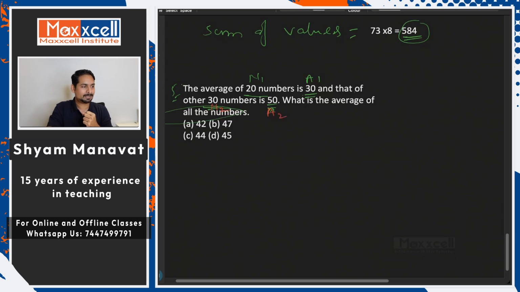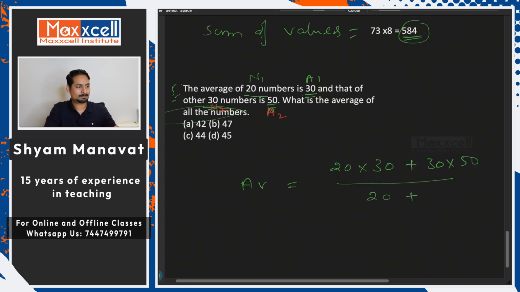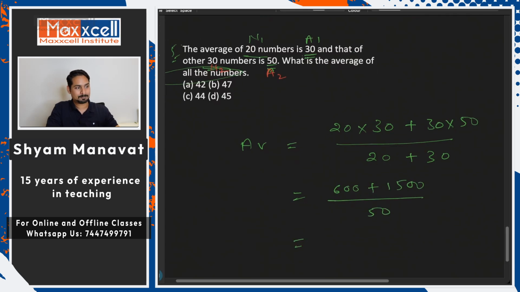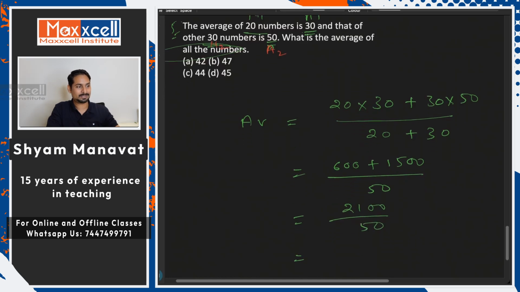The combined average should be number of values into average plus number of values into average, divided by number of values plus number of values. Remember the formula? Simple calculation. This is 600 plus 1500, that is 2100, divided by 50. The 0 cancels.